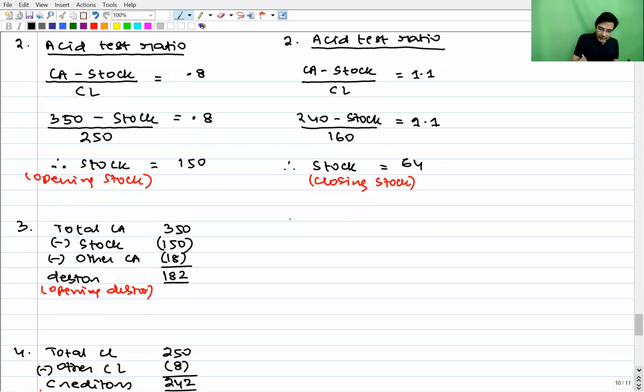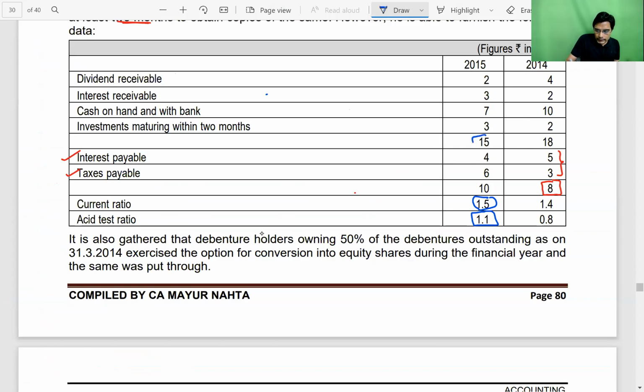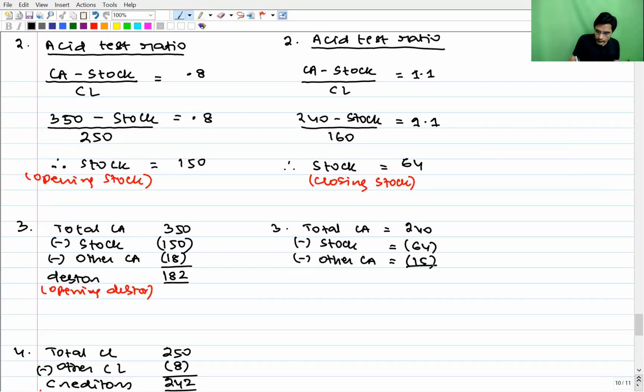Then we all know that total current assets at year end is 240. From this 240, if we minus stock 64, and if we minus the other current assets existing at year end, which is given in the question, other current assets at the year end is 15, we'll get to know the value of debtors at the year end.